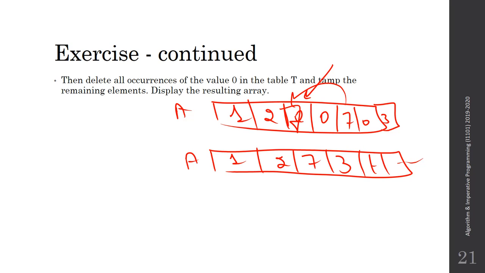In order to place 7 at 0, I need to save the index of the 0, and I need another index for a variable that is not equal to 0. For that, I will use two variables, two counters. One will tell me the position of the 0, and the second counter will tell me the position of a non-zero number, in order to place, for example, 7 into 0.